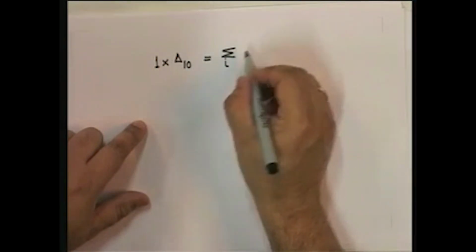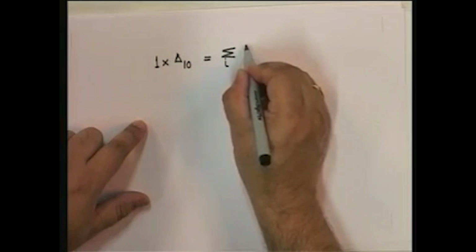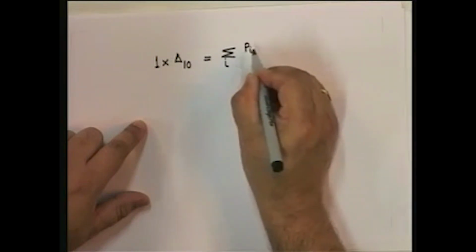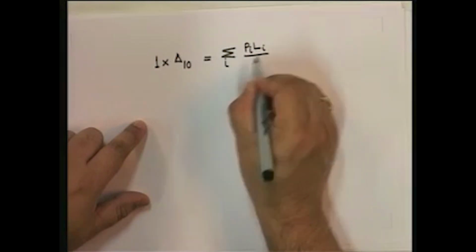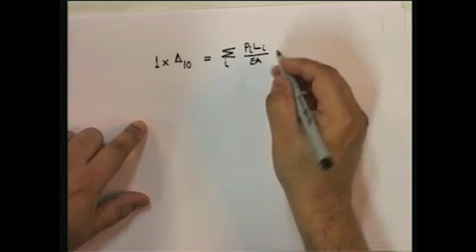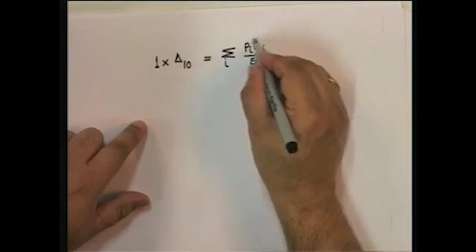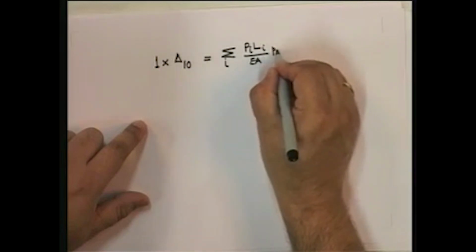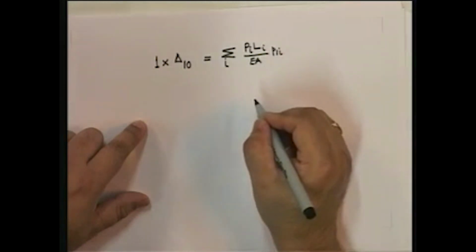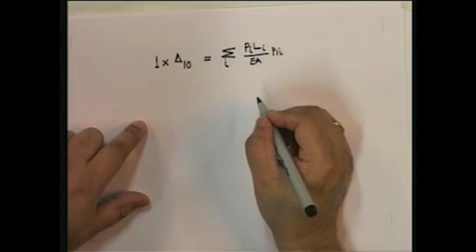On each member, what is the real deformation? The real deformation is the real load multiplied by Li upon EA. Note that EA here is the same for all the members. This is the real deformation multiplied by the virtual force, which is P1i. Is that clear?